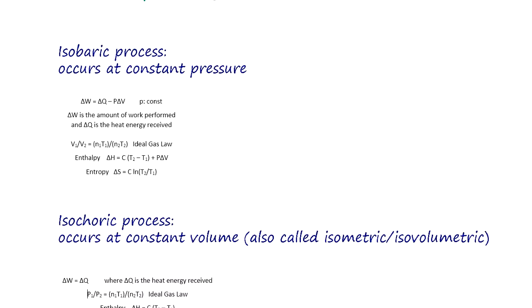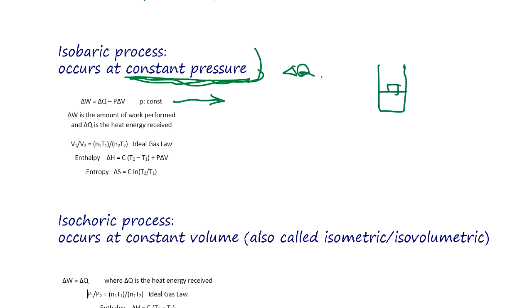Isobaric process, this one is constant pressure. It's not a thermally isolated process. In this case, you give a Q to the system, then the pressure is constant. Earlier I talked about putting a gas in the piston, and the volume changes this much, but pressure is constant.